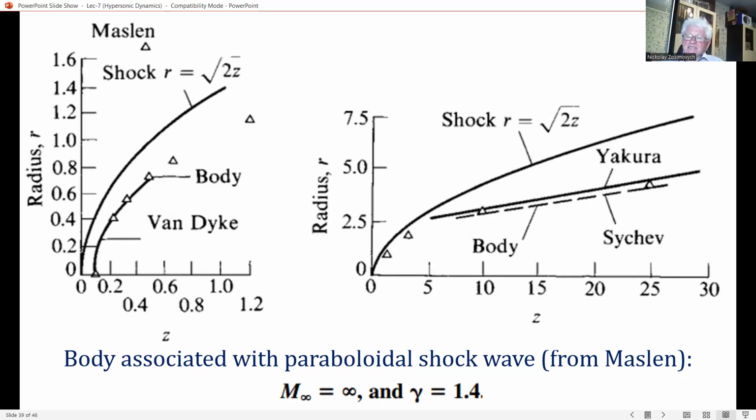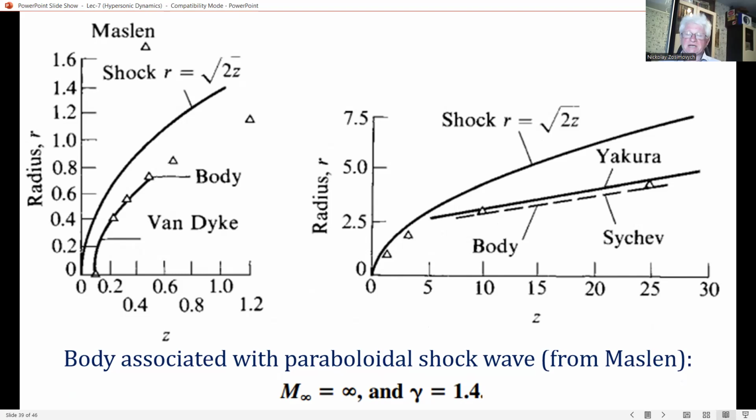For example, the left side of this figure shows results in the nose region, which are compared with the exact numerical calculation by other researchers. Excellent agreement is achieved. On the right side of this figure, results extending far downstream of the nose are shown.